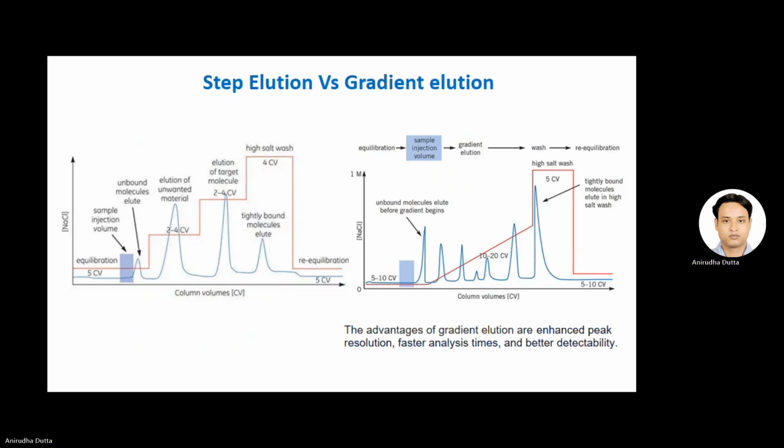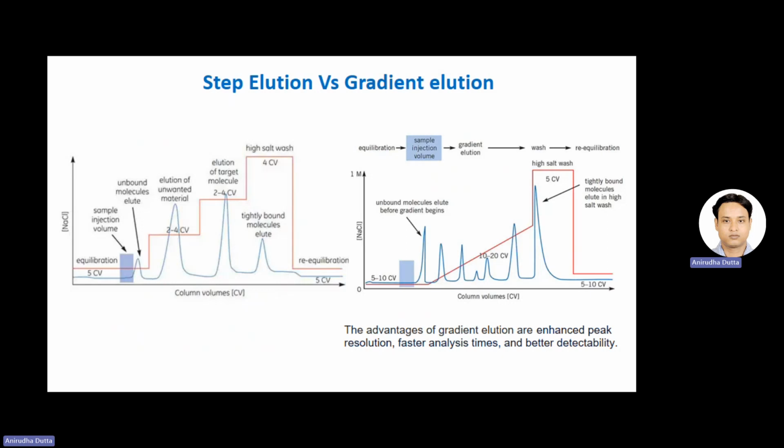Then you have to wash the column with water to remove all the leftover EDTA. Once all the EDTA is gone, you are good to apply fresh nickel chloride to the column, and that will recharge all the NTA with fresh nickel ions, and your column would be ready for the next round of purification.